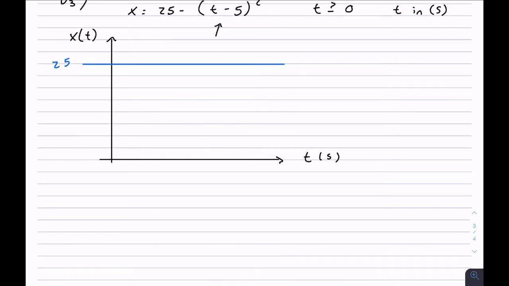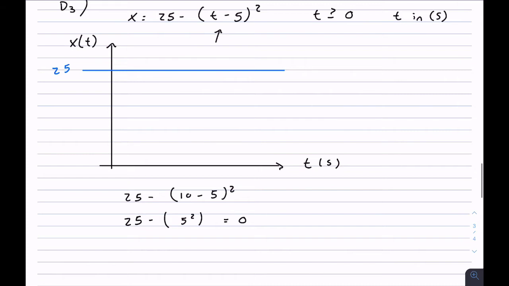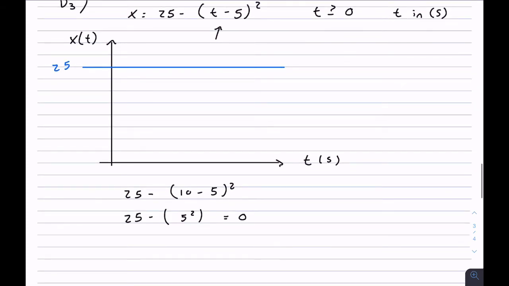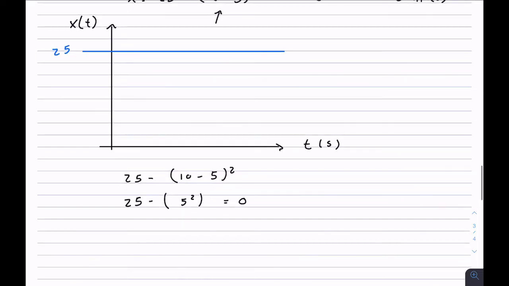So what I'm saying is this: 25 minus (10 minus 5) all squared is equal to 25 minus 5 squared, which is equal to 0. So x is going to go to 0 at 10 seconds. Okay, so we have that. Let's go here, say 10.